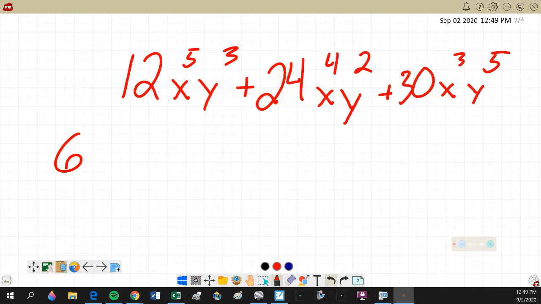And then how many x's? 3. And then y squared. And then you just divide that out from everything else.